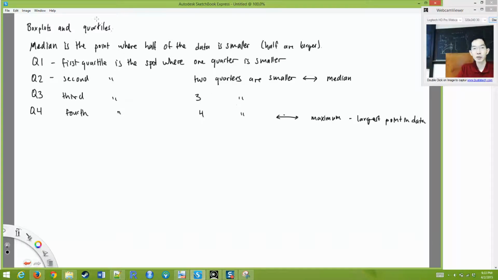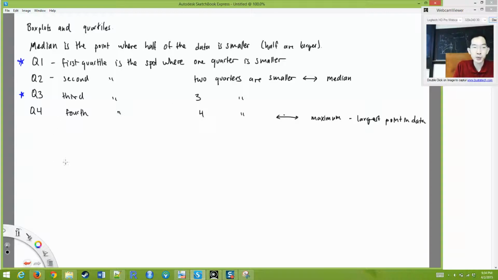So generally, when we talk about quartiles, we're really only talking about Q1 and Q3, because the other ones are redundant with other things that we have in the data, okay? So Q1 is the spot where 1/4 of the data is smaller. Q3 is the spot where 3/4 of the data are smaller, okay?